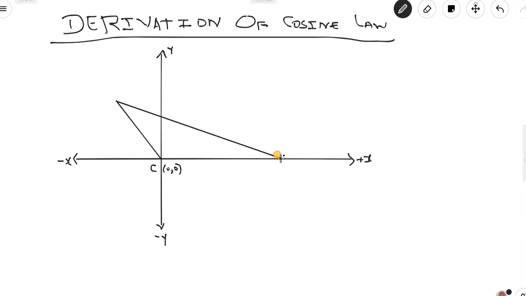We name the remaining two vertices A and B. That's the interior angle B. You can call it angle B, or represent it with some other notation like gamma.